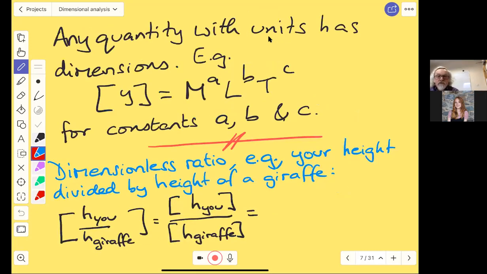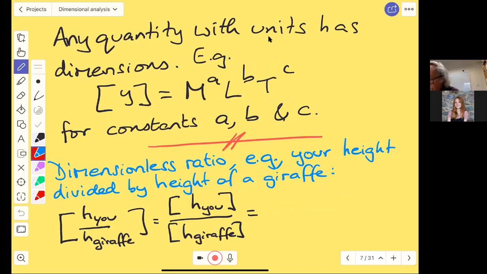Now, the key statement next is that any quantity which has units has dimensions. So whether you're looking at density, at work, at pressure, whatever, these things have all got units, they've all got dimensions.